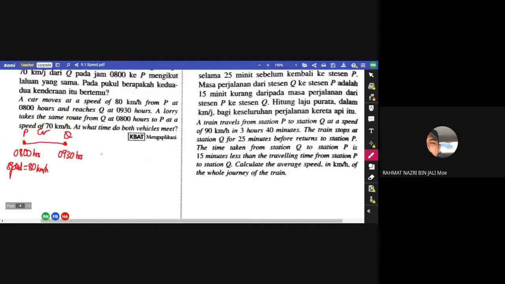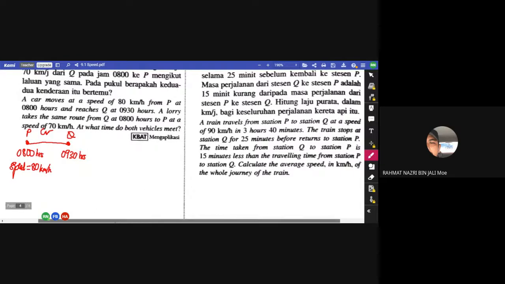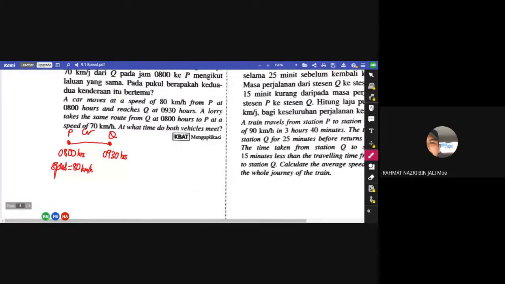Okay, so let me find out the distance. This is the car, the lorry. We have two vehicles here.